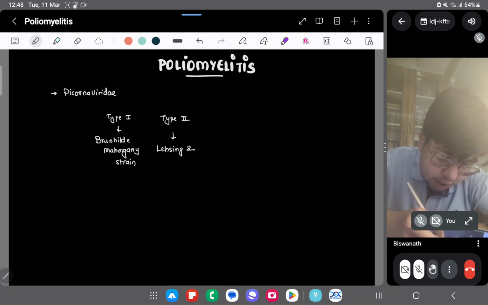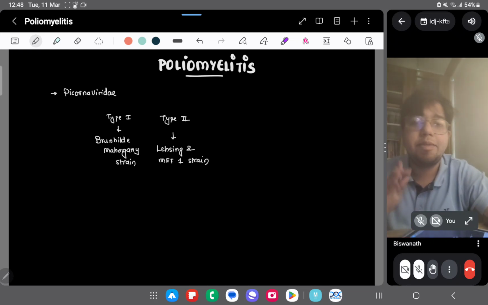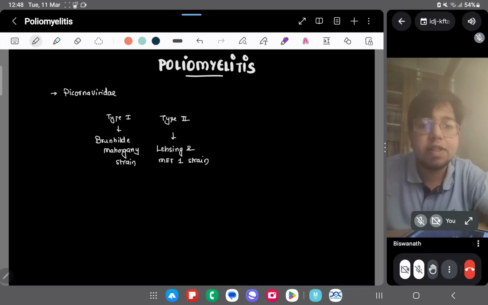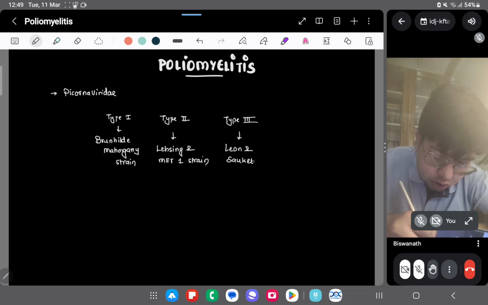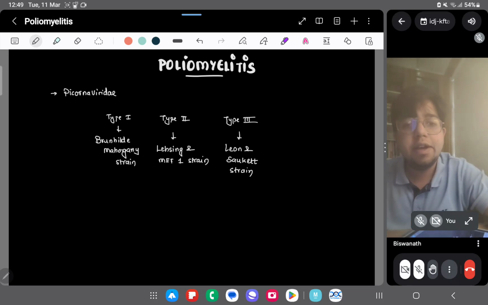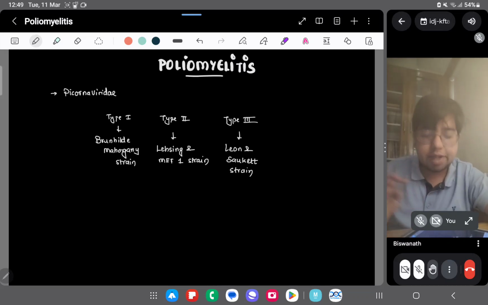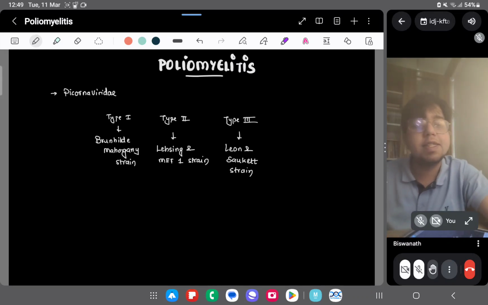And type 3 is the Leon and Saukett strain. So these are the strains, the three types of polioviruses, right?